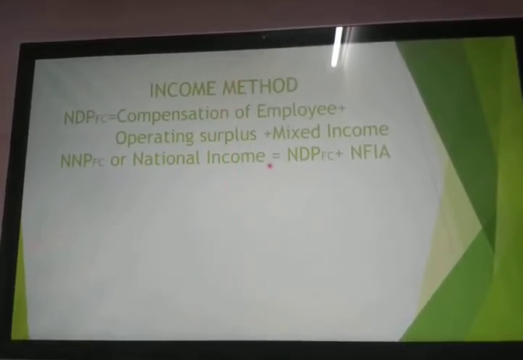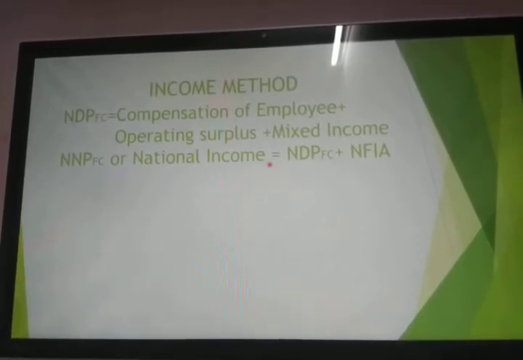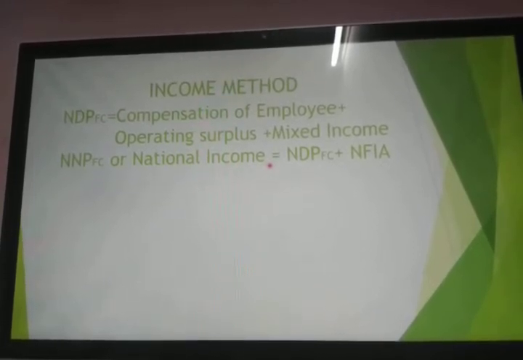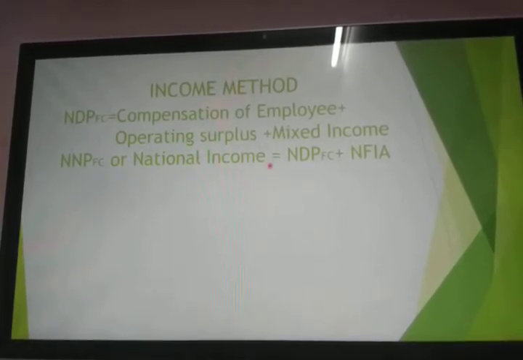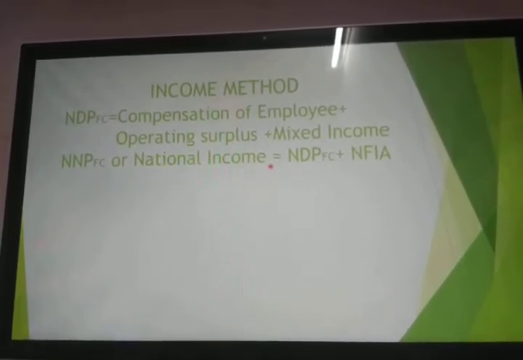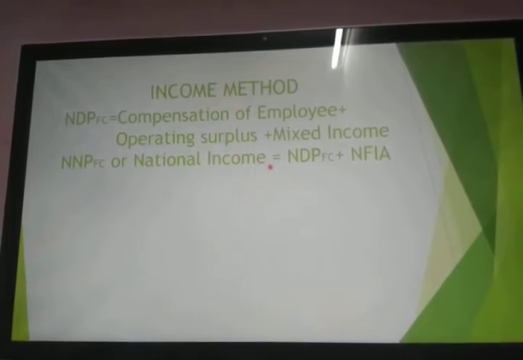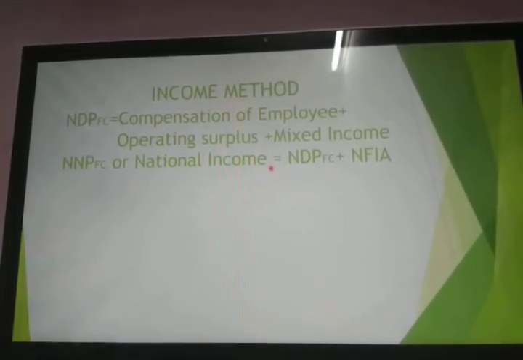This is the only method which calculates the income in net and at factor cost. So if you are calculating domestic income and national income, we don't have to consider depreciation in this method. We don't have to consider NIT here, because we straight away arrive at the required destinations.